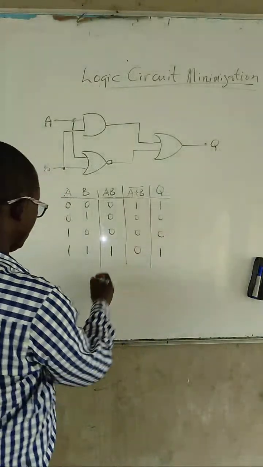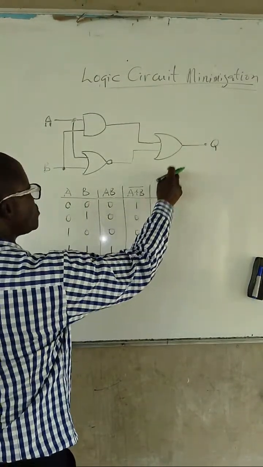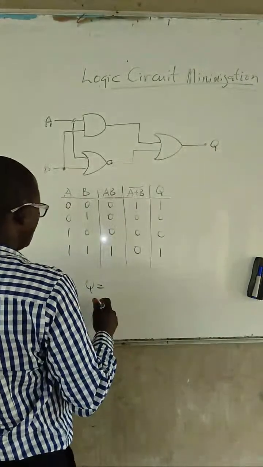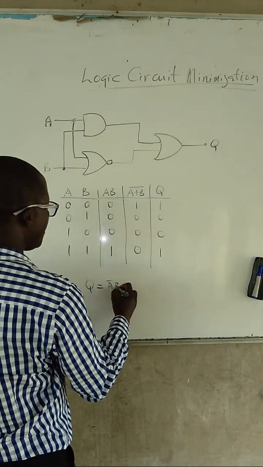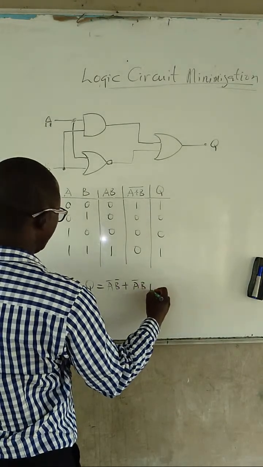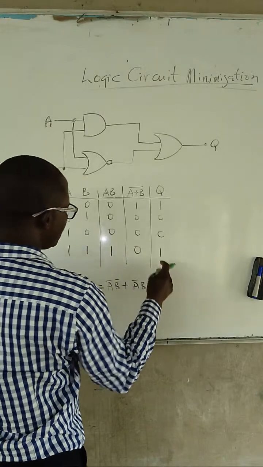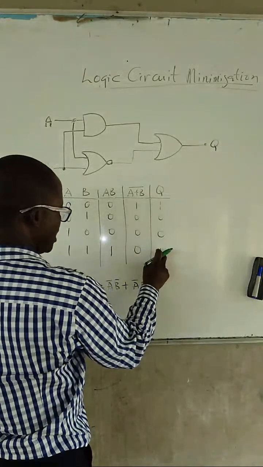If you want to write this using Boolean algebra, using A, B as the input for the entire system, we have Q equals A bar B bar plus A bar B plus, this is 0, this is 0, so only this we have an expression at the final output.